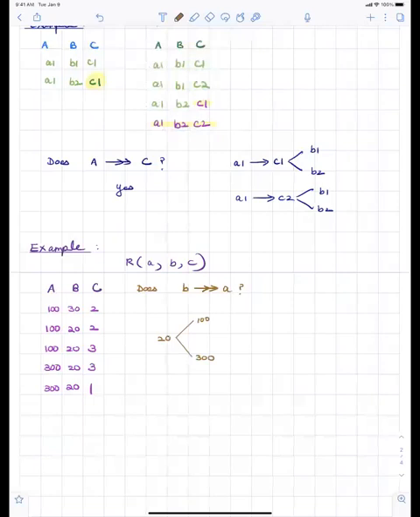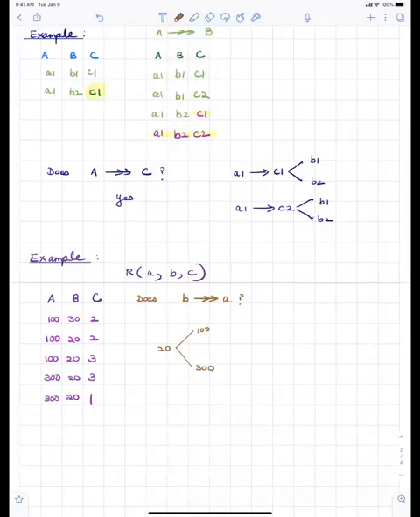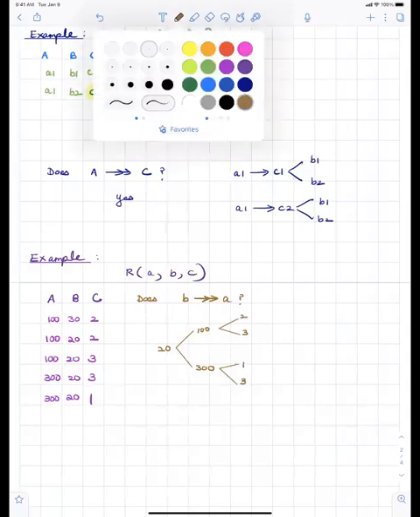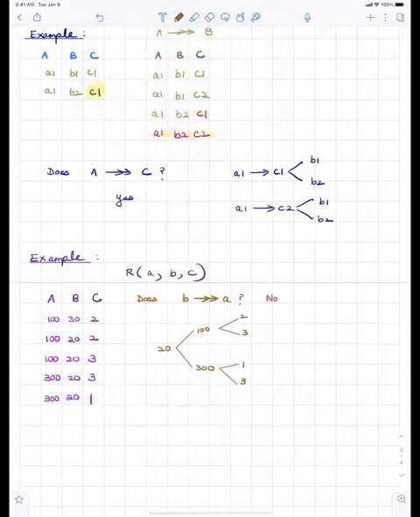When you have the value 30, it's kind of trivial, so look at the value 20 for B. If you look out here, the answer is no.